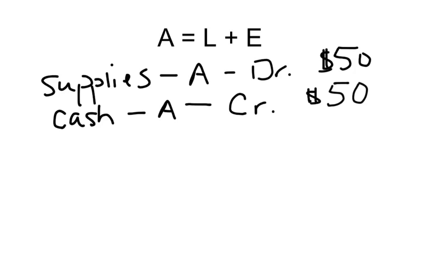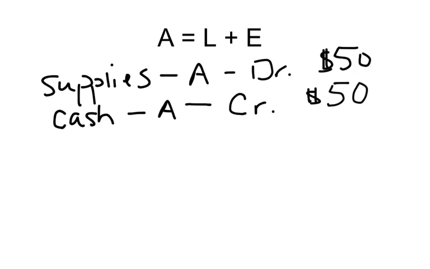But now that we know the debit-credit rules, how we actually record this business transaction is with something called a journal entry. We take this information and we journalize it. The process of taking business transaction data and recording it is called journalizing. And we actually journalize this in, surprisingly enough, the journal.